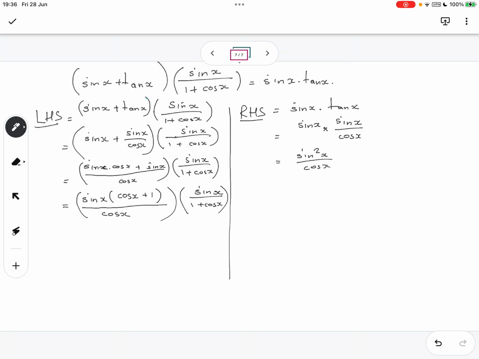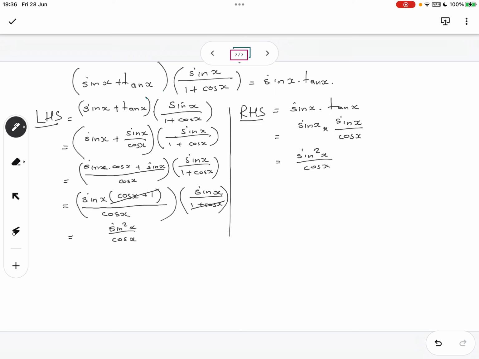Then, this is interesting. So that means I can divide the 1 plus cos x with the 1 plus cos x. And this is going to give me sine squared x over cos x, over cos x.